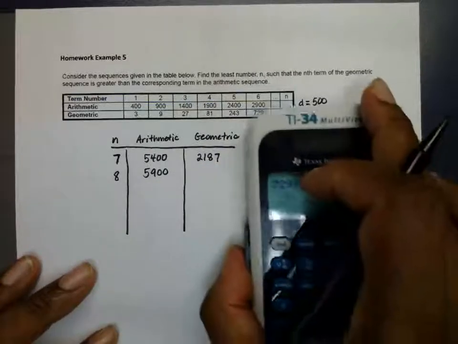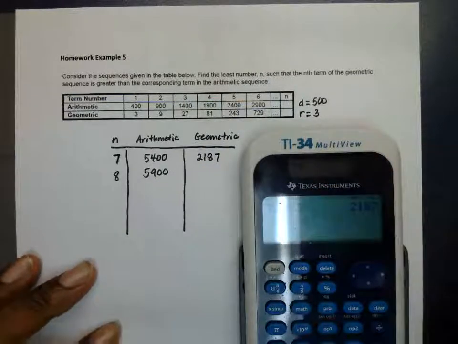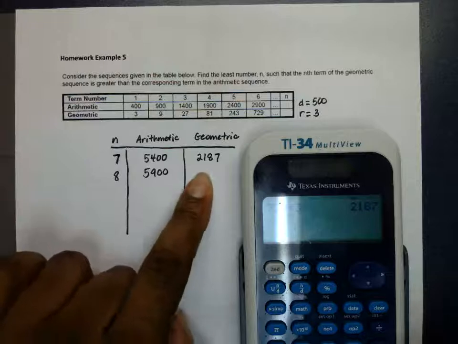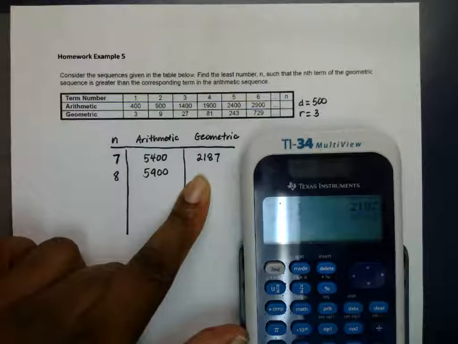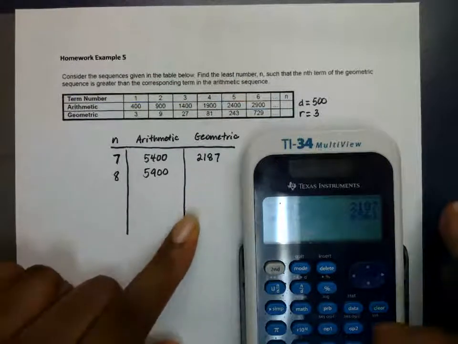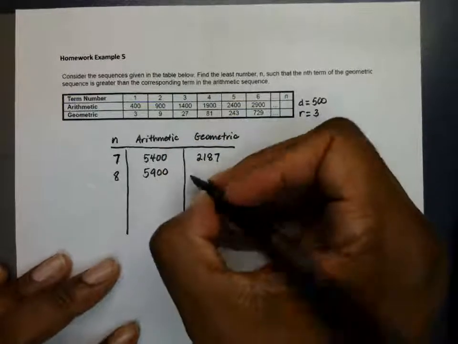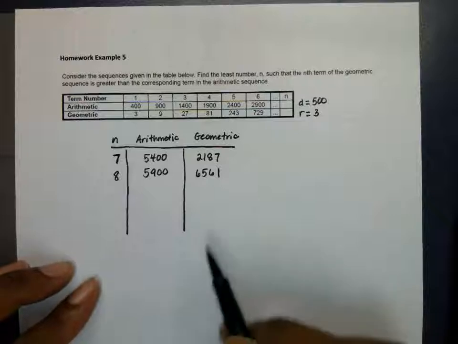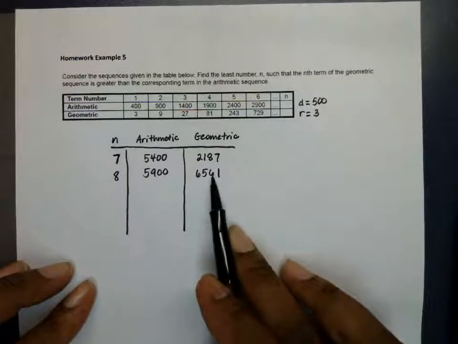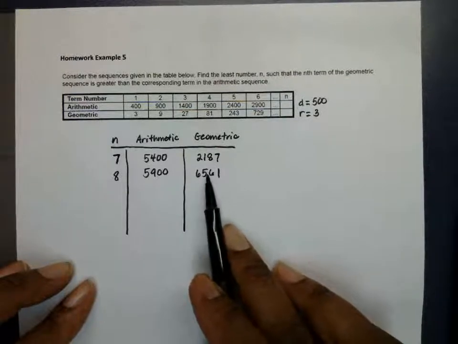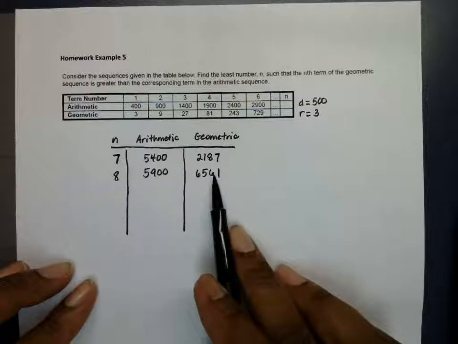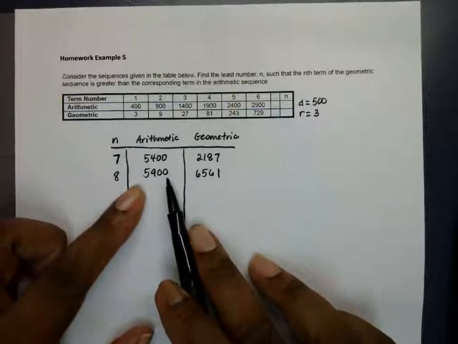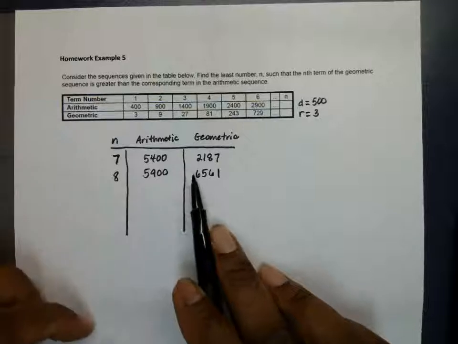And for the geometric, if the seventh term of that geometric sequence is 2,187, let's multiply that by 3. You'll get 6,561. Notice right here that the 6,561 in that geometric sequence is greater than the corresponding 5,900 in the arithmetic sequence.